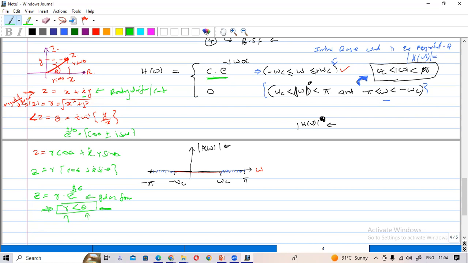What is the magnitude? This is a complex number, no? It is like this, r e to the j theta. So what is the magnitude of this complex number?